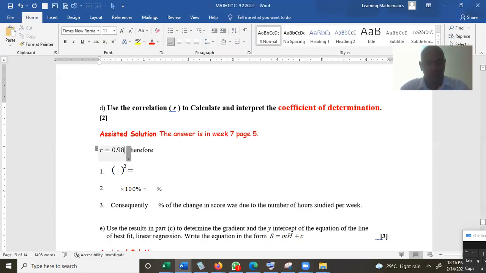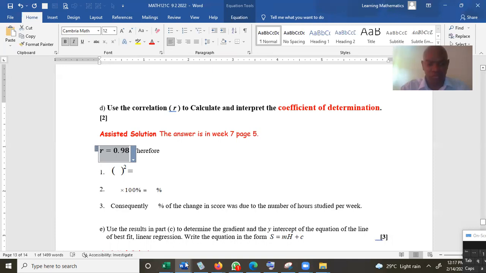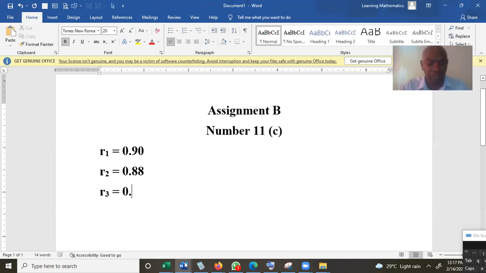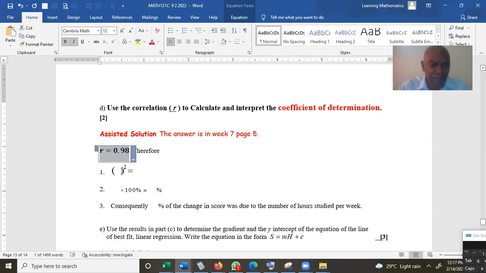The English R is Pearson's relationship, the Greek R is Spearman's relationship. We got it to be 0.98. You can use your 0.90 or your 0.88 if you are certain that the one you are using is correct. And what you do now, you square this value.